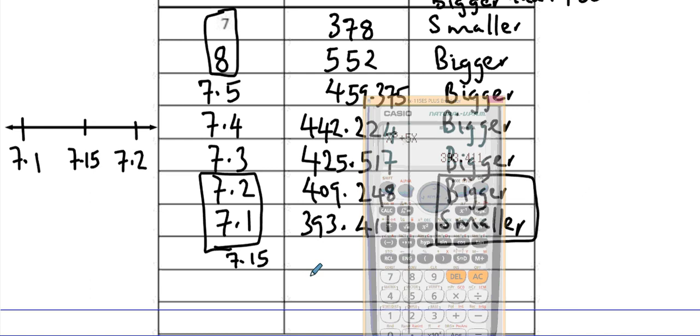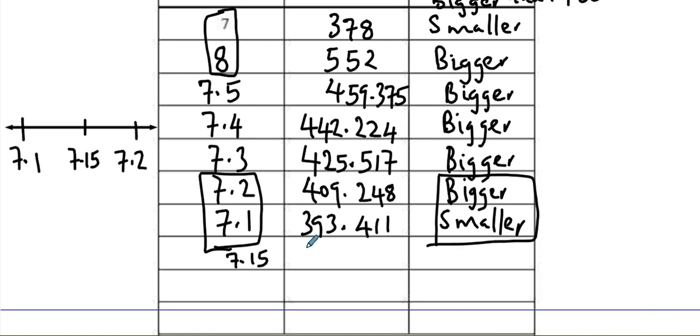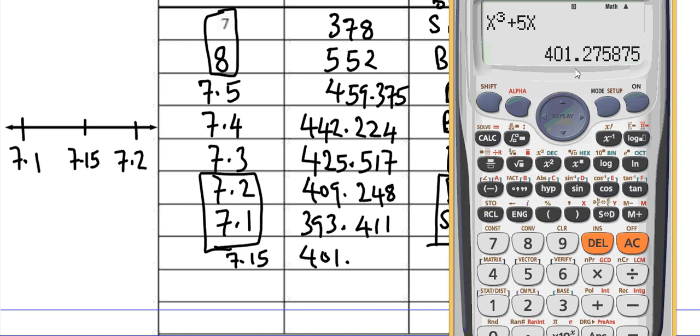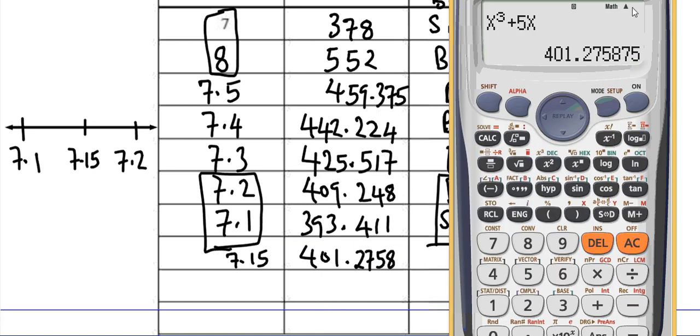Calculate that. 7.15 equals a number bigger than 400. We got 401.275875.